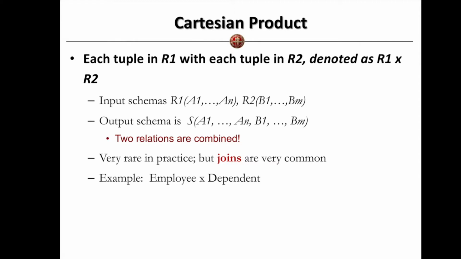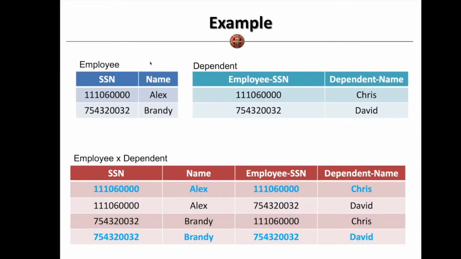However, join is actually a more complex operation defined based on the product together with the selection and projection. We will show that later. Let me provide you with an example about the product between two relations. Let's assume we have two relations. The first one is the employee, right? Employee has SSN and name as attributes.